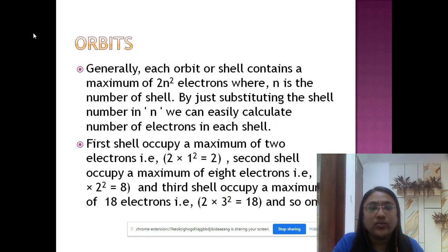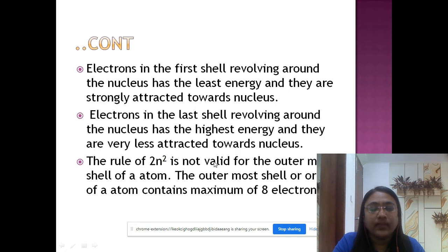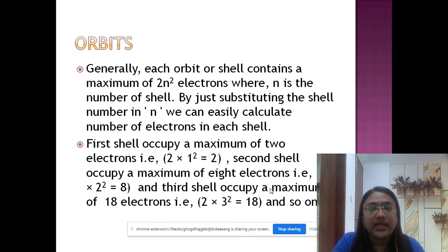We put n equal to 1, so 2 into 1 square is equal to 2. In the second shell we put n equal to 2, so 2 into 2 square is equal to 8. In the third shell, 2 into 3 square is equal to a maximum of 18 electrons.